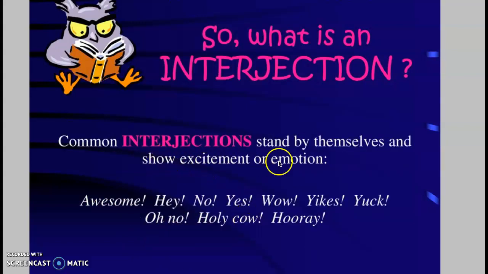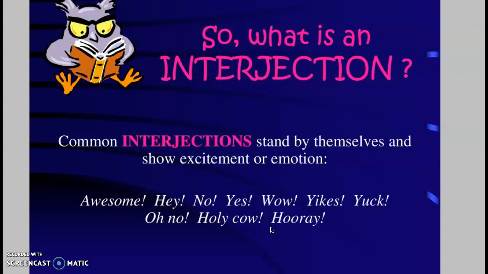It is common for interjections to stand by themselves and show excitement or emotion. And here are just some other examples for you guys moving forward. Awesome, hey, no, yes, wow, yikes, yuck, oh no, holy cow, and hooray. Notice how I've said each one of those in a different tone of voice, right?